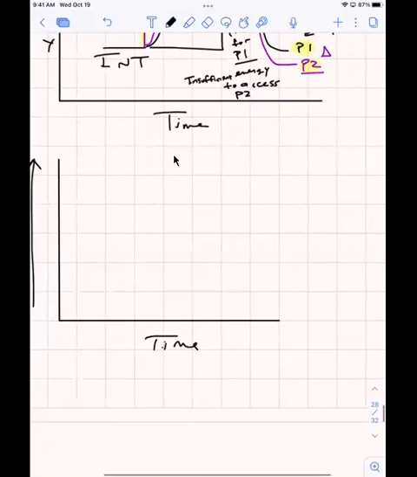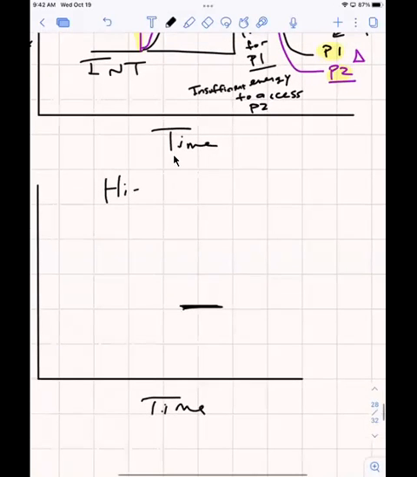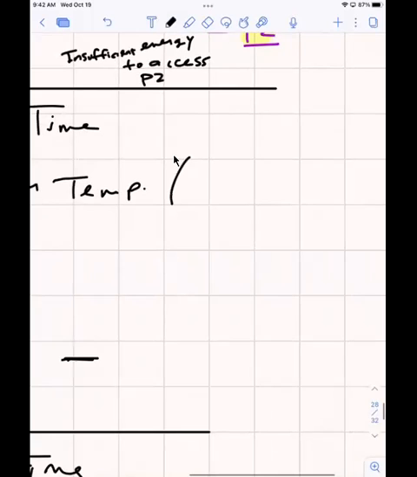Right, and you add your intermediate here. The difference at higher temperature is that you can actually, at a higher temperature, you can set up an equilibrium. This is what the difference is. So you can set up equilibrium.